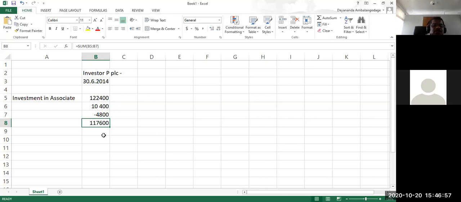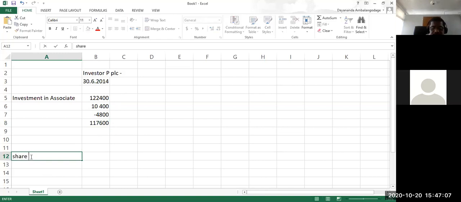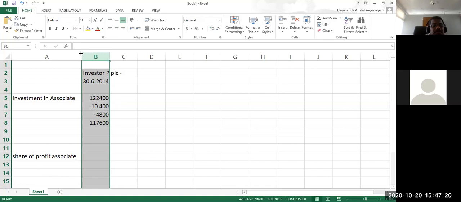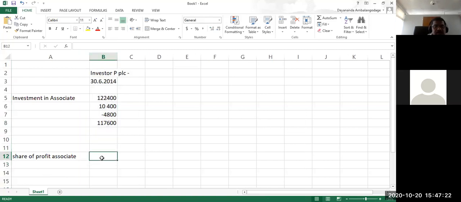But when you prepare the profit and loss, the share of profit in associates would be 10,400.